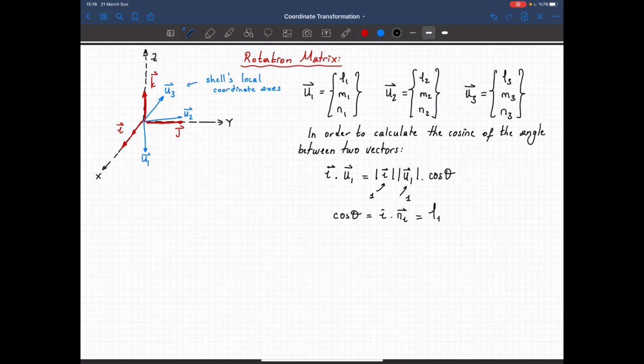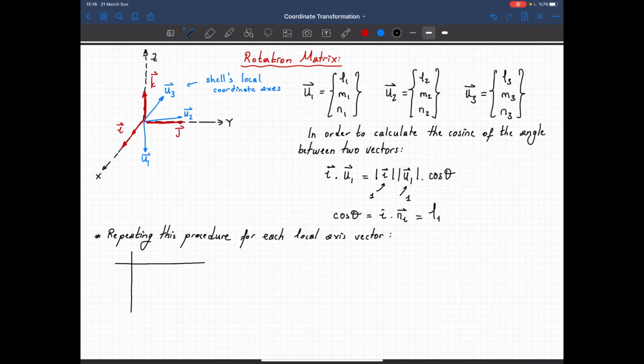Okay? So, repeating this procedure for each local axis vector, I can obtain the following table. I have x, y, z, the global directions.